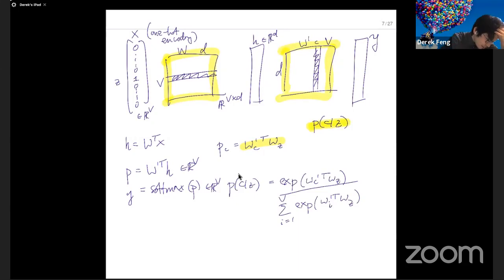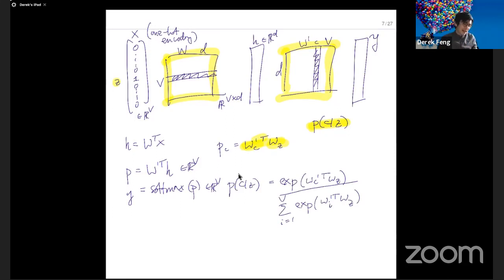So how does it do that? It starts by looking at the Z that you picked. It's going to extract that word embedding, and take inner products with the C you're trying to predict. That becomes your score, and then the Y here will correspond to the probability here.